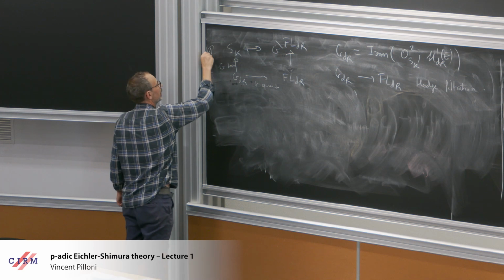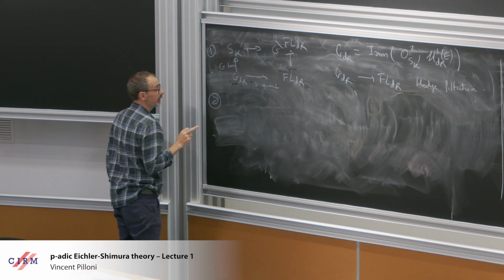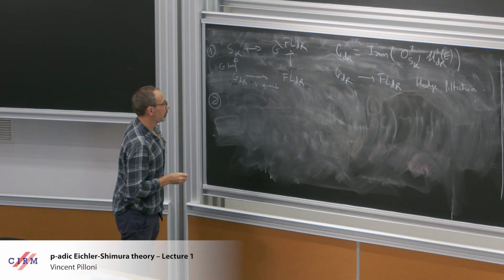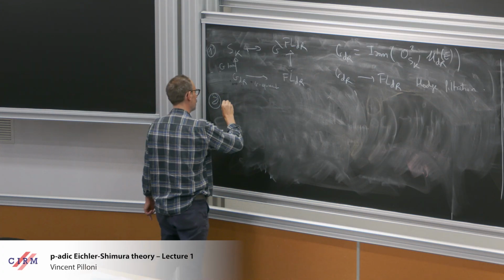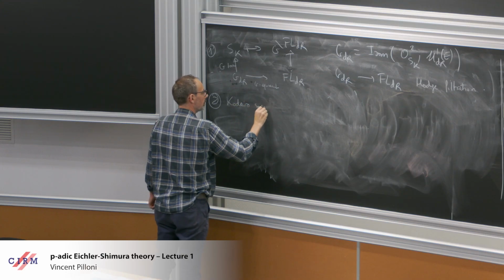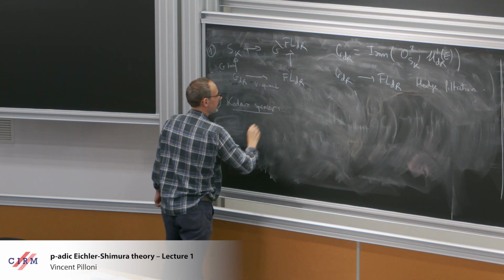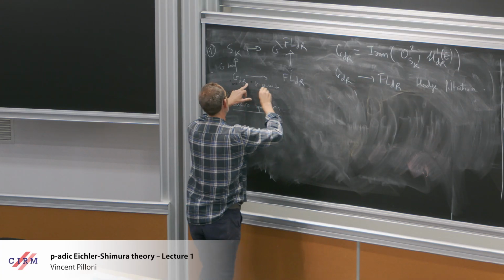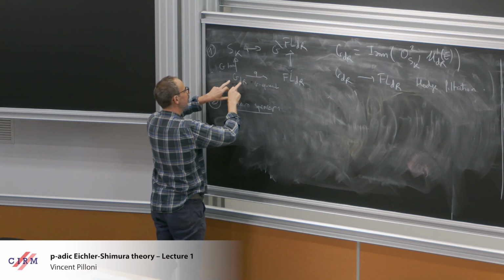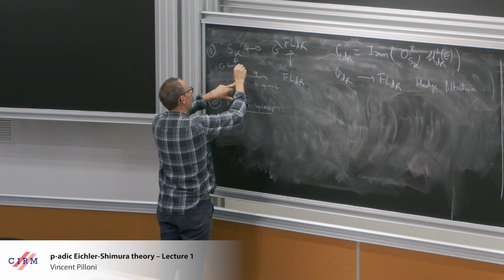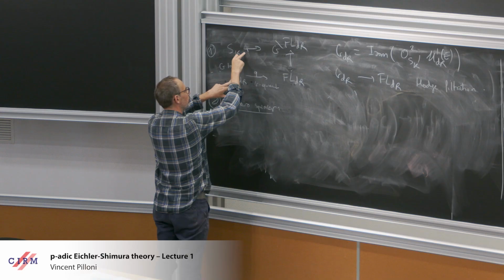That's one thing. The second thing is that now I can use Kodaira-Spencer. Let me denote by Q the map that goes from G de Rham to FL de Rham, and by P the map that goes from G de Rham to SK.